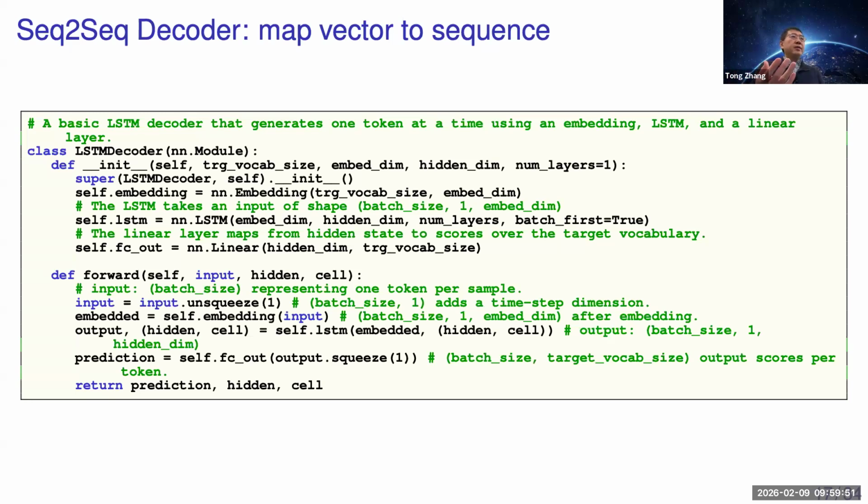Then your hidden state and cell don't match. In that case, say you're using a smaller decoder and a larger encoder, for example. Then you have to map that back, just like what we did with ResNet. You have to match that hidden cell into the same representation which is suitable for the decoder to use, and then we continue from there. So it could be asymmetric instead of symmetric when you have an encoder and decoder.